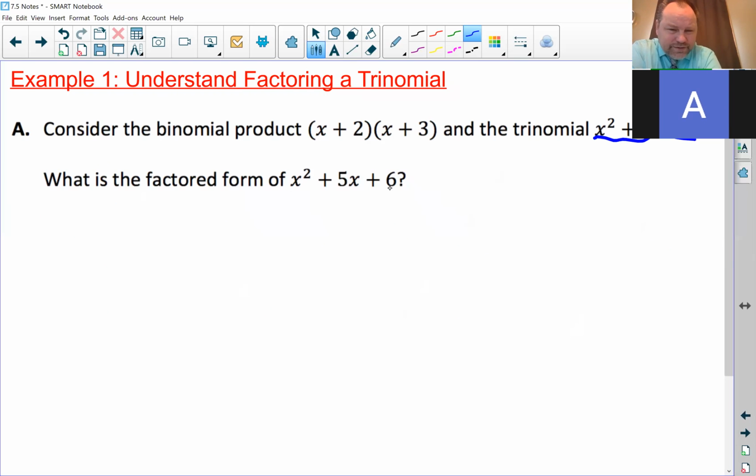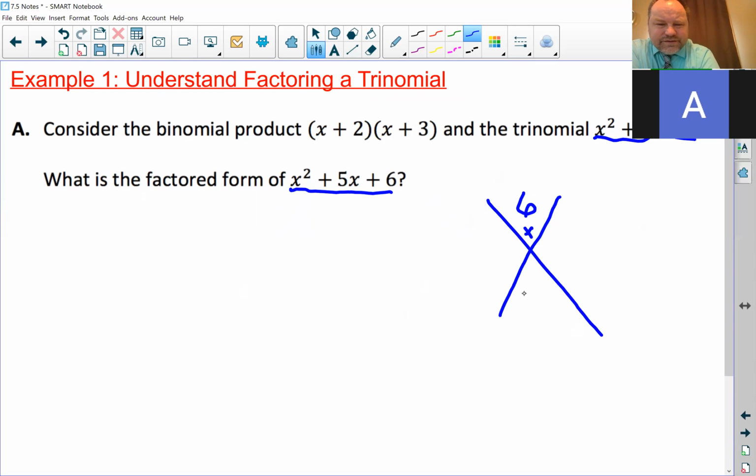So if we wanted to write x squared plus 5x plus 6 in factored form, what we would need to do is find two numbers that multiply to 6 and add to 5.